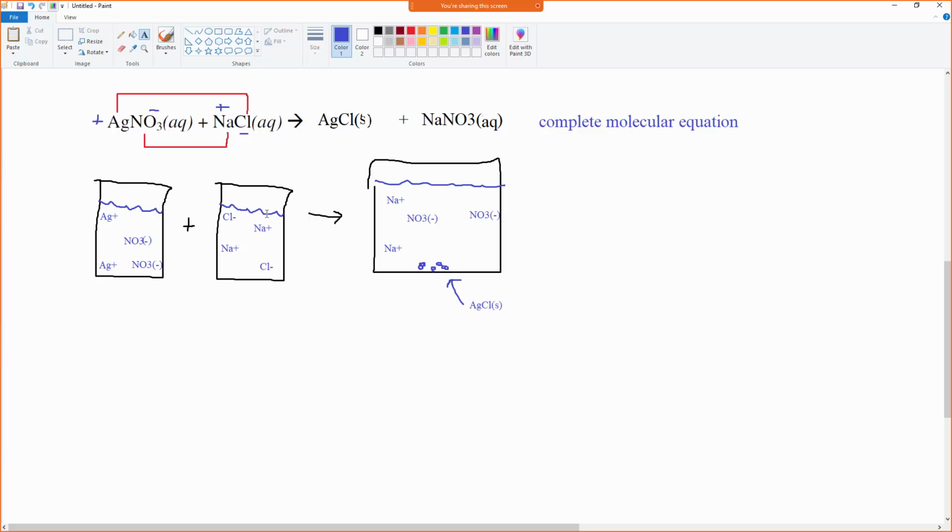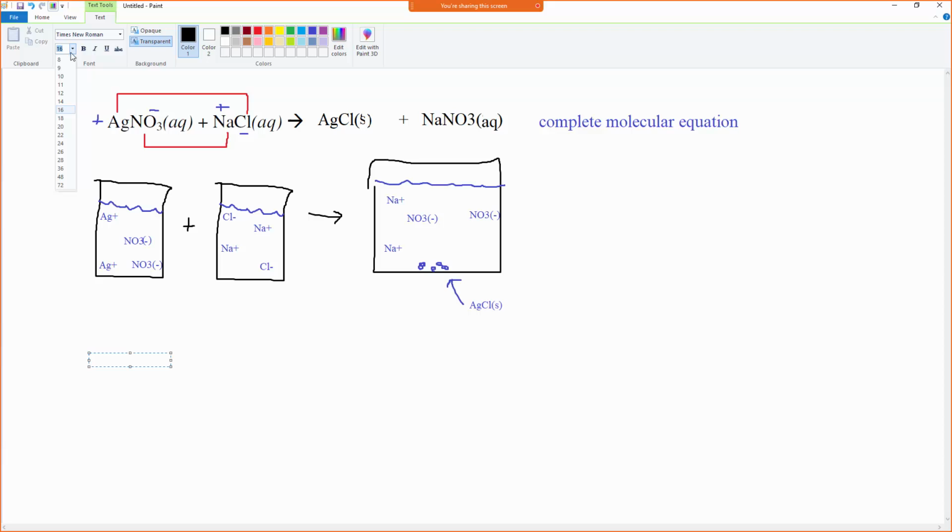Okay, so instead of expressing it this way in our complete molecular equation, it would be a better picture of what's actually present if we separated things out into their actual form.